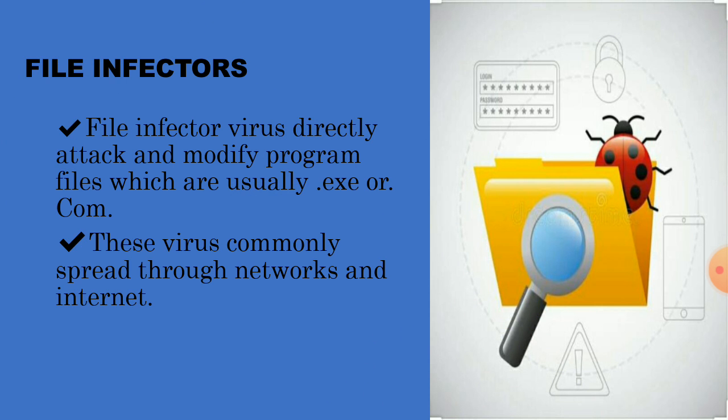This virus commonly spread through networks and internet. Basically, file infector virus spread through network and internet. It waits for a trigger to infect the other programs. When it is triggered, it affects the file system.